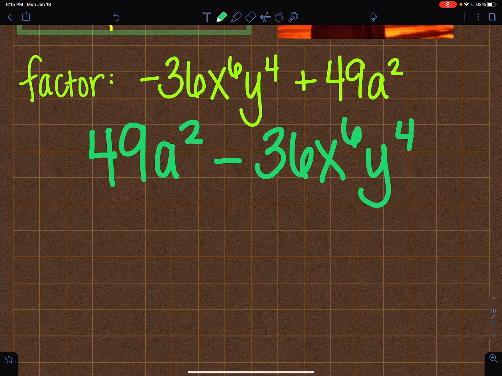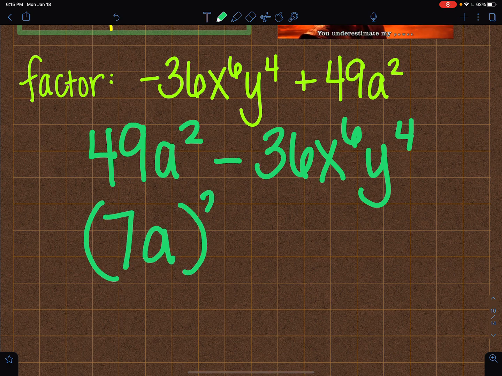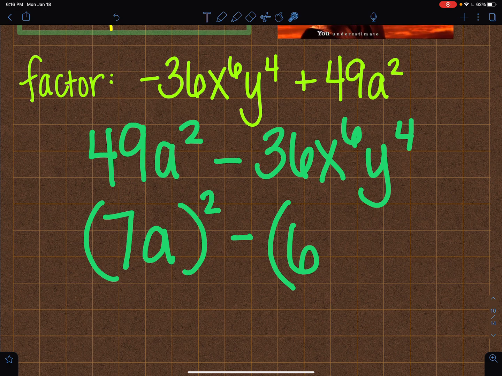This is going to be (7a) squared. And this is going to be 6, because that is the square root of this. What's the square root of x to the 6th? In other words, x to what exponent, if you multiply it by itself, will be x to the 6th?